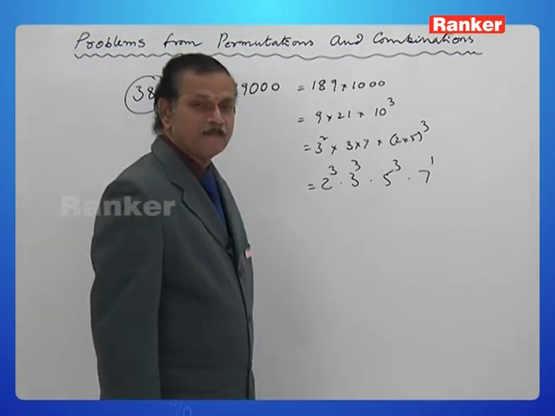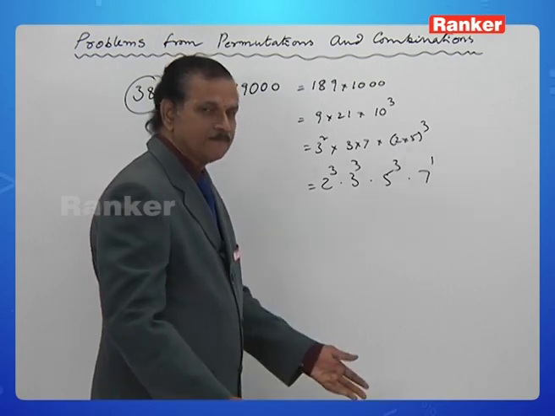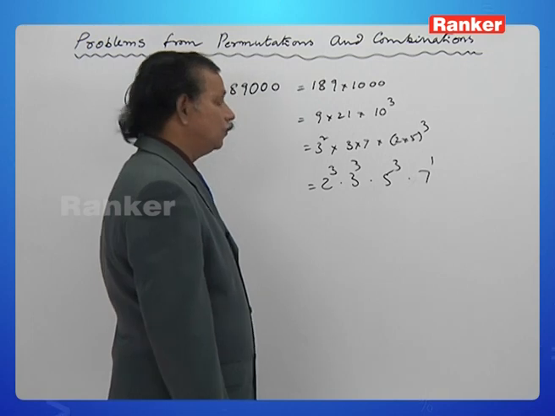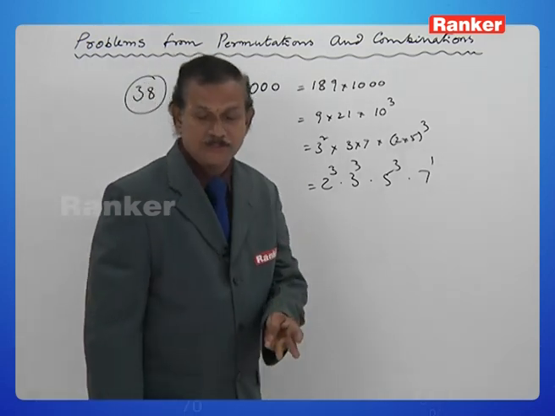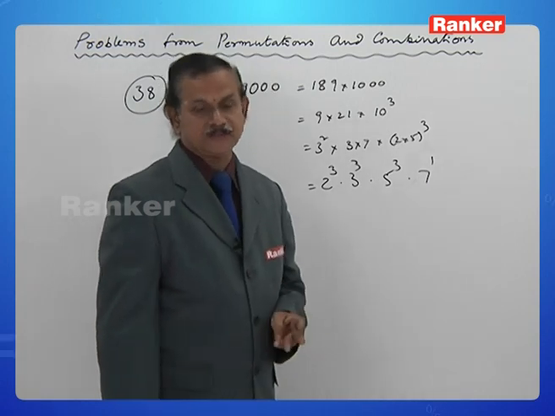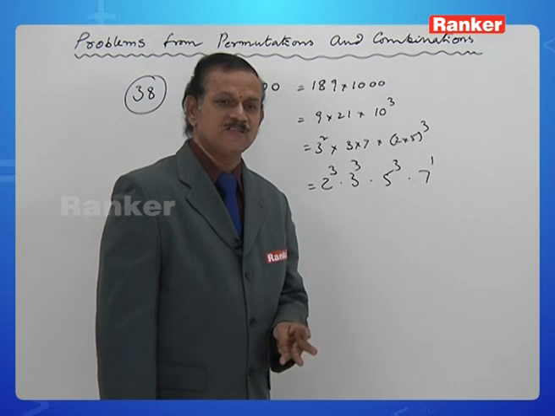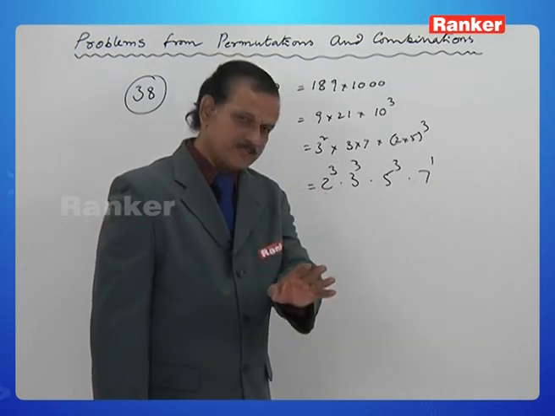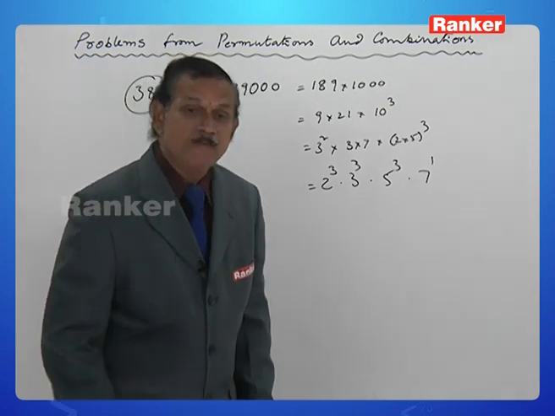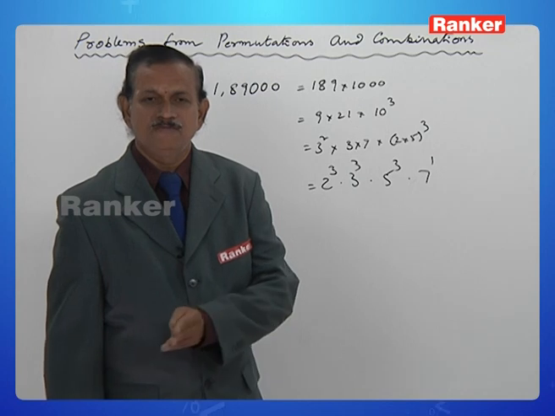What type of numbers do we like to have? We like to have even divisors, so 2 squared, 2 cubed, any one of them must be present. Next, divisible by 15. What is 15? 3 into 5.